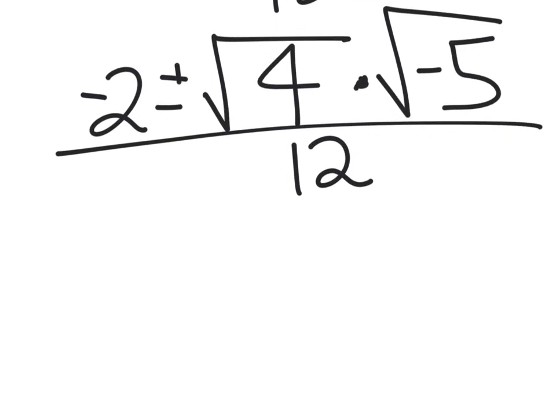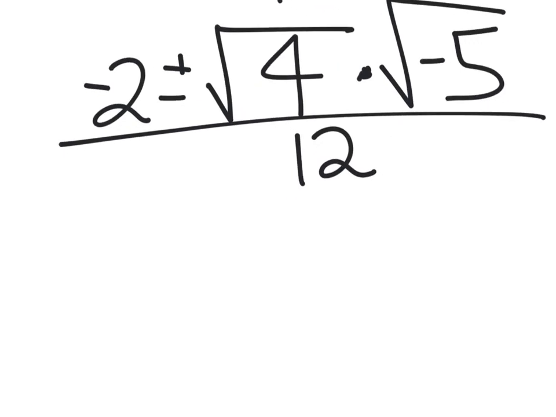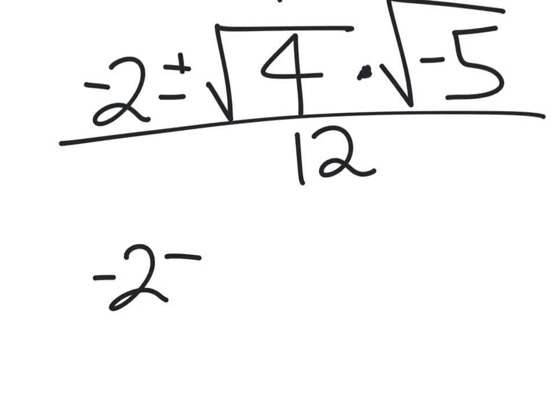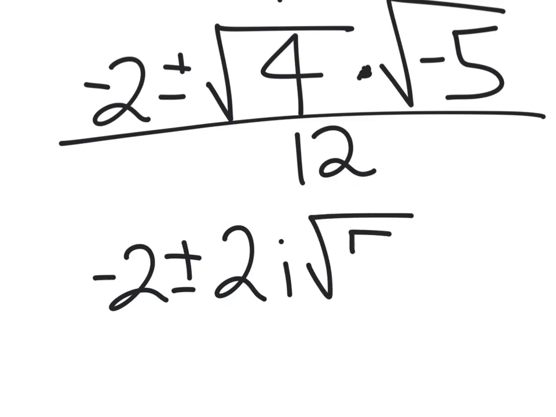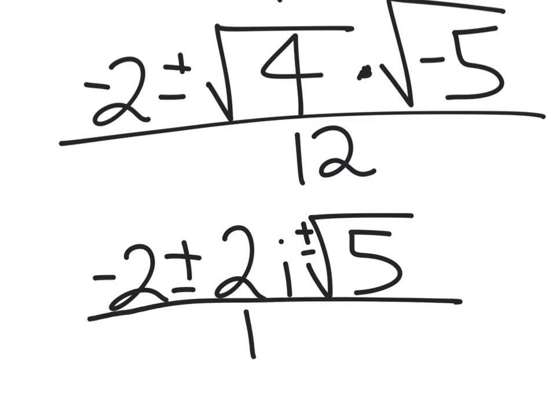The square root of 4 simplifies to 2, and if we've got a negative inside a square root, we can simplify that to i square root of 5, so plus or minus 2i square root of 5 all over 12.